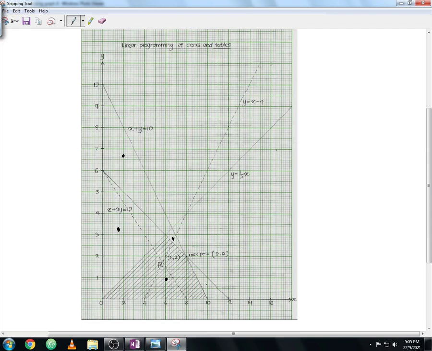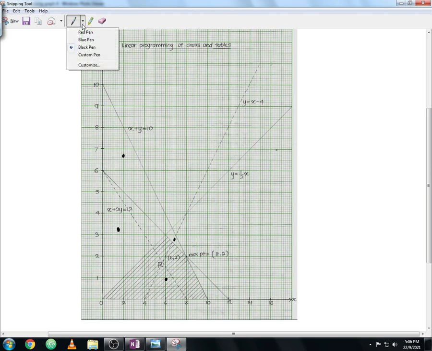This region you cannot mark, guys, because it already exceeds the x plus y equals 10 line. So you cannot mark over here. Let me shade it properly over this. We are done with the first constraint, x plus y less than or equal to 10.